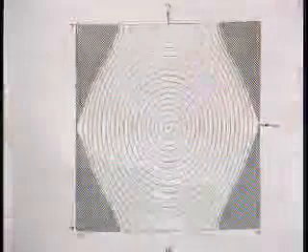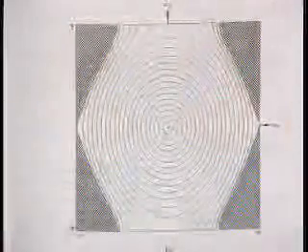Now, where we left things last time was that T wasn't necessarily a good filter, because if you look at figure 4.20, if you zoom in here, this shows the contours of cosine omega equals T of omega 1, omega 2.